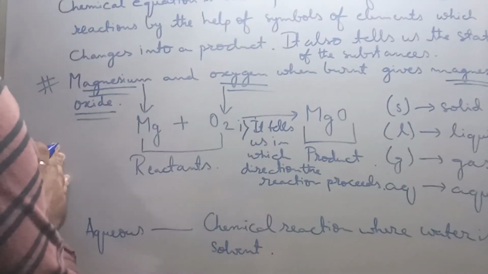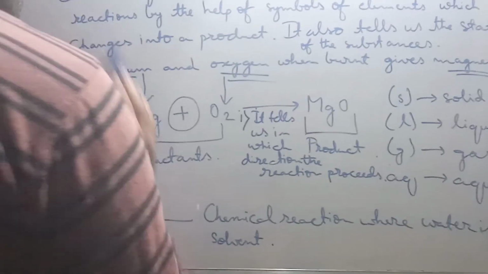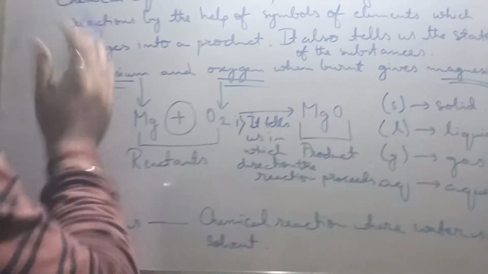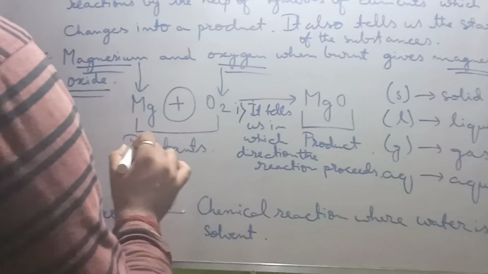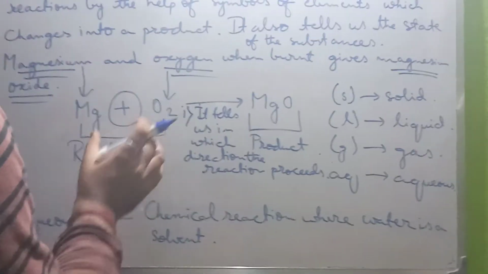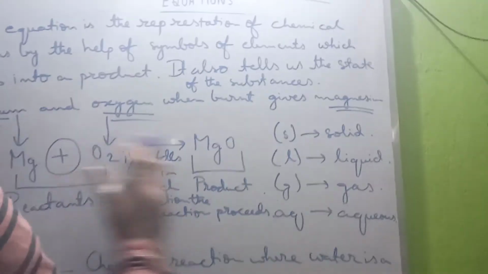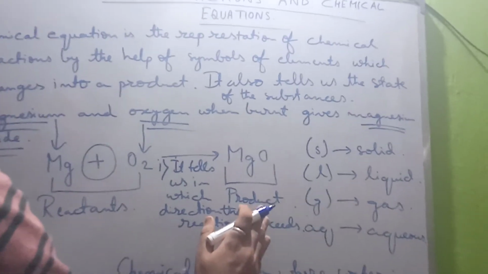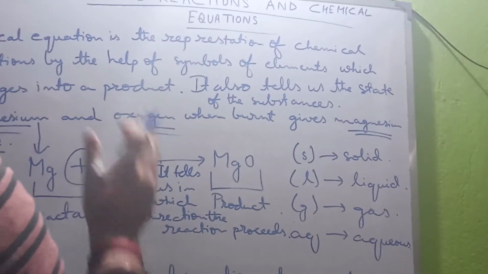Whenever we write this, there will always be a plus symbol. We do not use minus, into, divide, nothing. We only use the plus symbol, and it indicates that by the combination of these two we get this one, and this arrow tells us that the reaction is proceeding in the forward direction. This is what a chemical equation is all about.